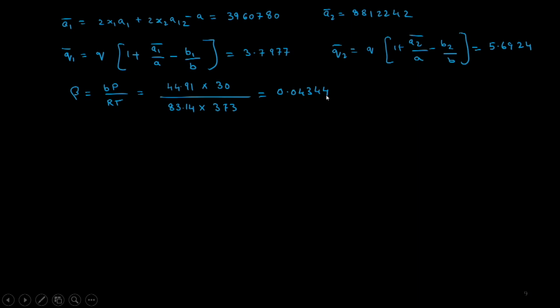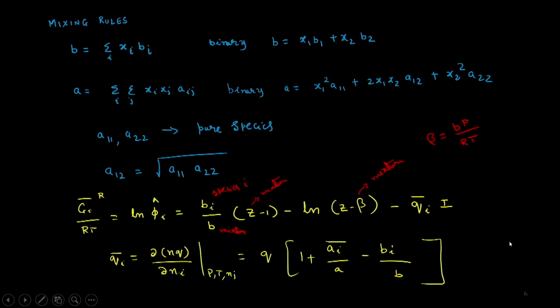0.043444 for beta. Once I have all of this, if you look at the equation we have here for ln phi hat, I have Bi, B, beta, Q1 bar and Q2 bar, of course. What I don't have is I and the value for Z, or the compressibility factor.